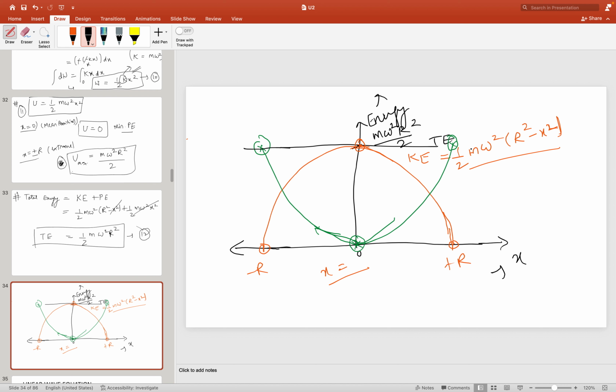Now I can see some points which are intersecting. Kinetic energy is actually equal to potential energy because they're intersecting at these points. So what are the values of these points? Can anyone tell me how to find the values of these points?